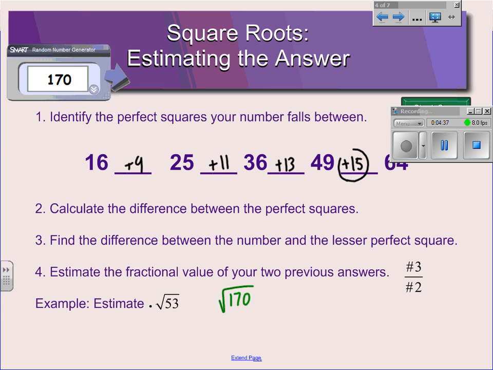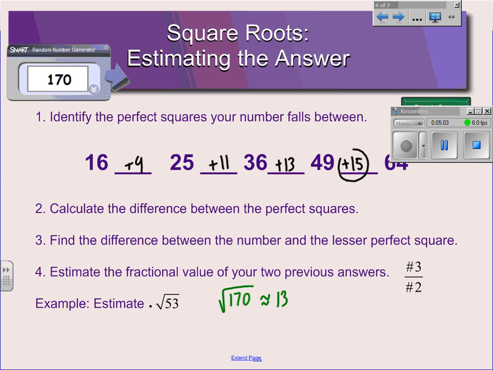Wow, that's really close to 169, right? So it's between the perfect squares of 169 and 196. See those on your note sheet? The square root of 169 is 13, so this is going to be really close to 13. Just guessing how close it is, it's probably just going to be 13.0 because of how close it is.